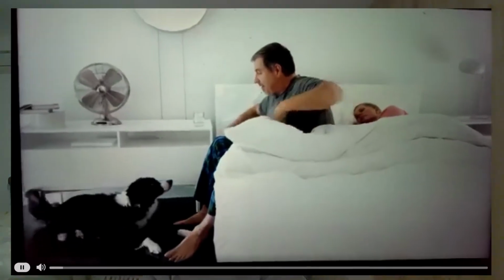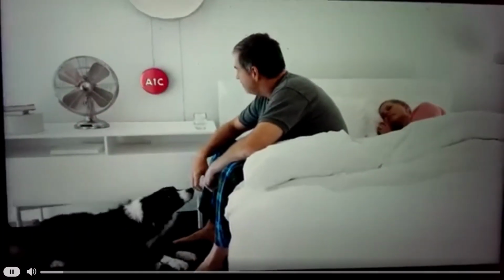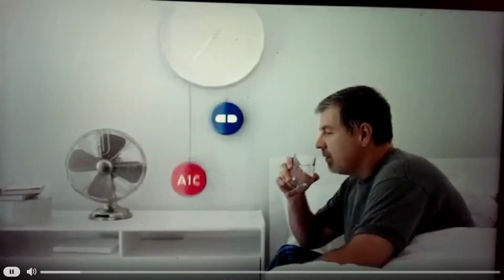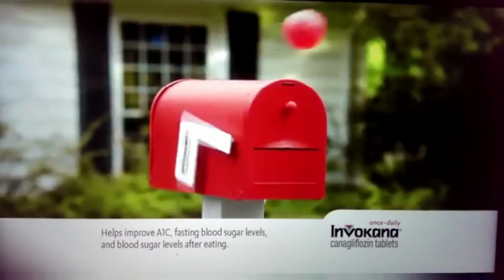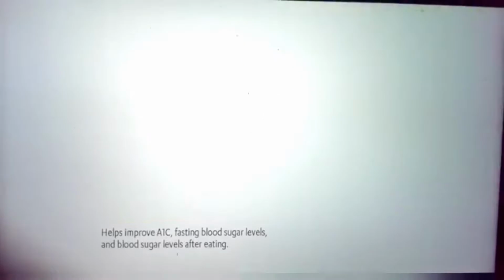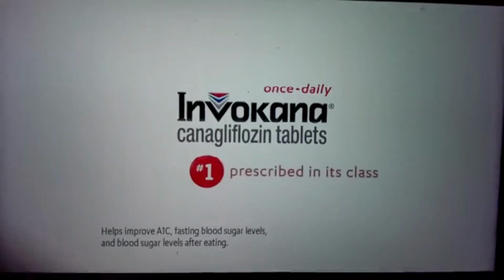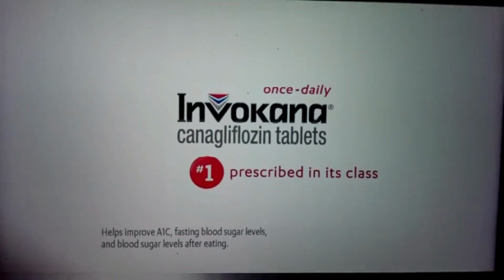When your type 2 diabetes numbers aren't moving in the right direction, it can be a burden. What if you could wake up to lower blood sugar? Imagine loving your numbers. Discover once daily Invokana. With over 6 million prescriptions and counting, it's the number one prescribed SGLT2 inhibitor that works to lower A1C.